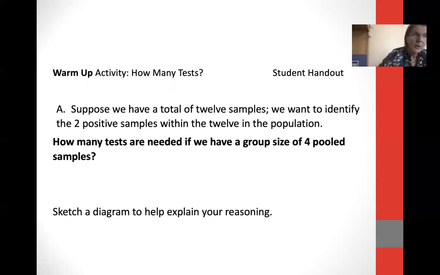What I hope for is that students will draw some pictures. I like to do it while I'm talking about it. We have 12 samples, with 4 in each group. That means we'll need 3 groups. And we're looking for 2 samples that are positive.